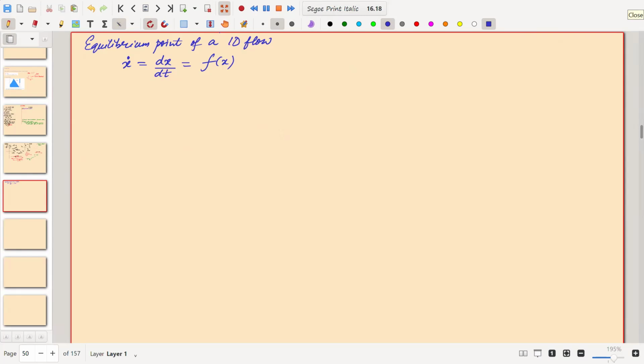So x dot equals 0. An equilibrium point x star of a 1D flow.